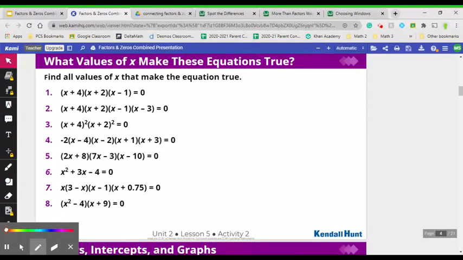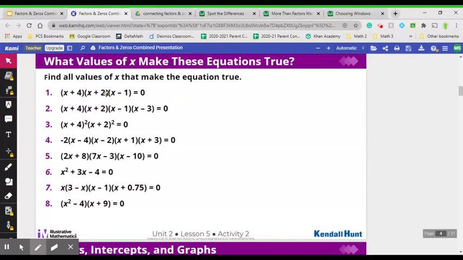For starters, in number 1, we should note that these all have three factors. If you are trying to make the equation equal 0, since this is all multiplication, each one of these different parentheses could equal 0. And if that's the case, the whole thing would end up being equal to 0.